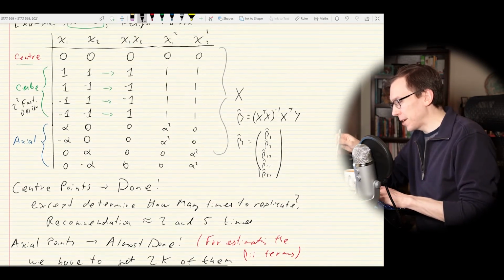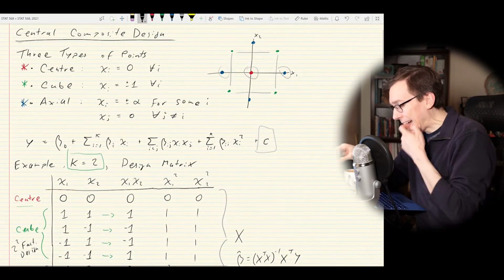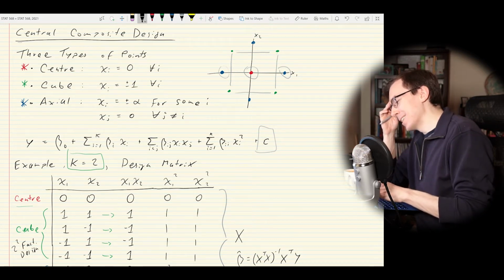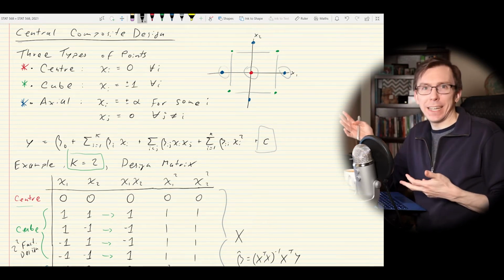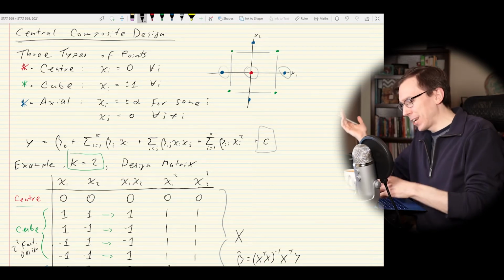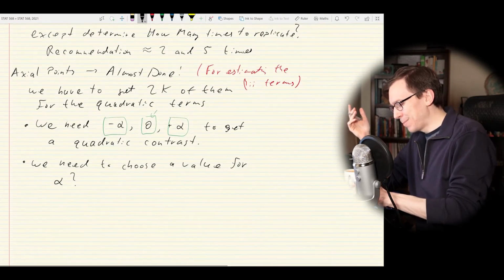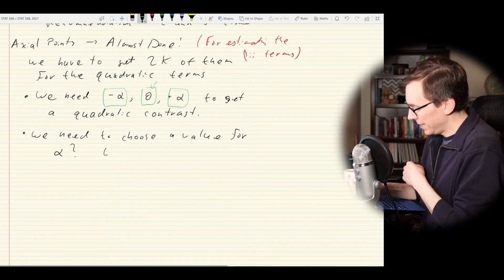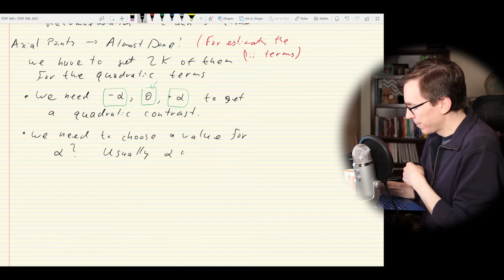We're just kind of stretching out along the axes here in direction plus or minus alpha. So then the question is, well, what should I make it? Should I make it 1? Should I make it 2? Should I make it 50? What would be a good choice for alpha? In this case, usually, alpha is going to be somewhere between 1 and the square root of k.